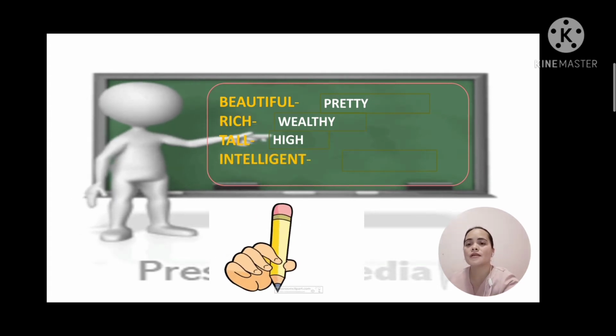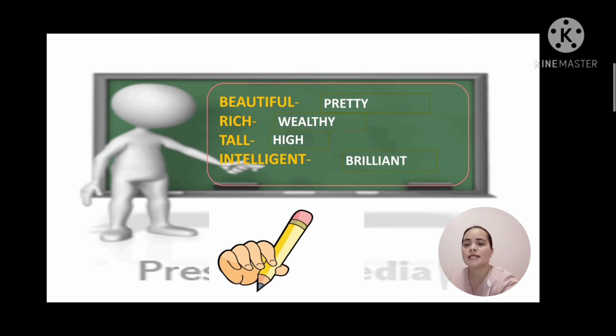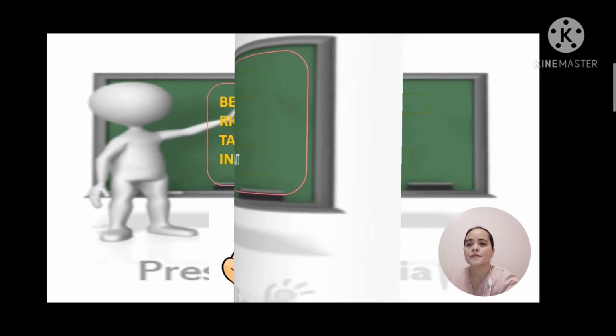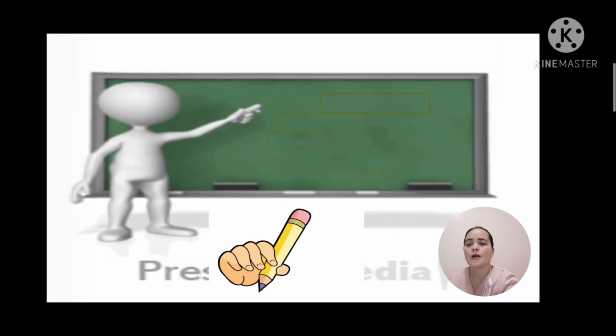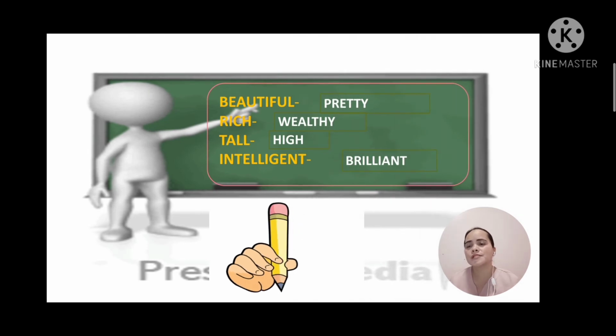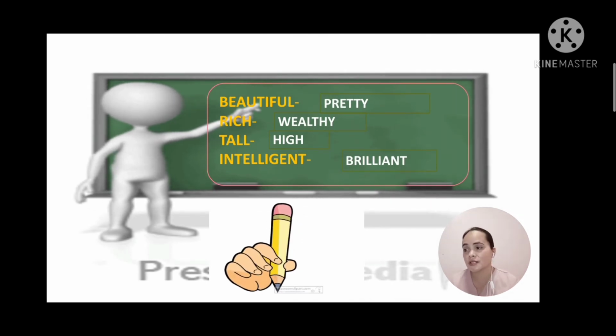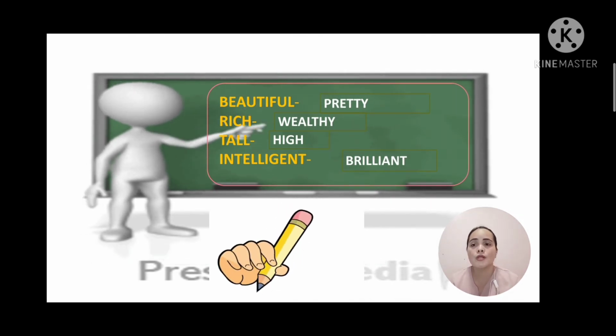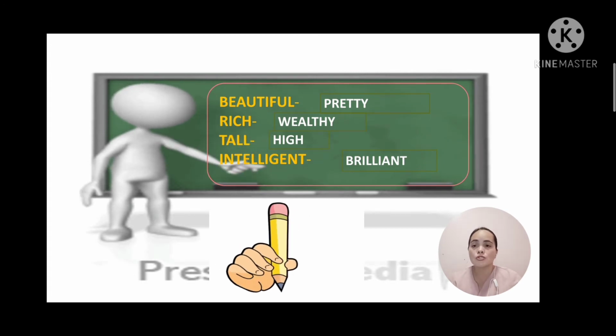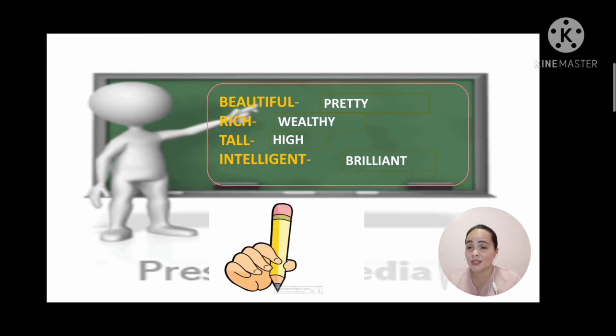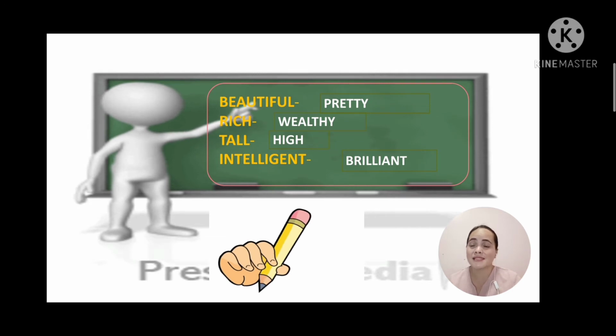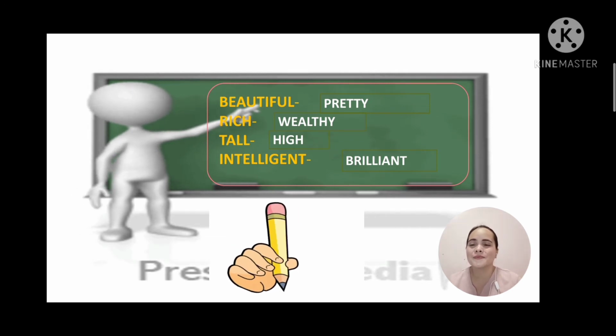Intelligent, we have here: yes, brilliant. Okay, now these words here, class, the words given here are all positive, or if you are being told with such words, it makes you smile. It makes you happy, right?